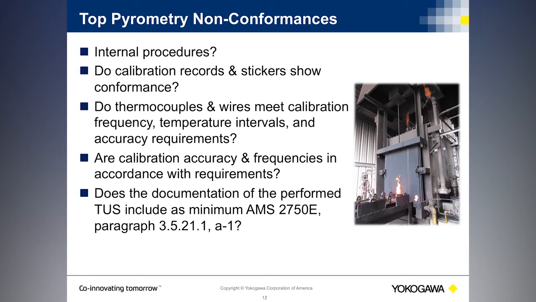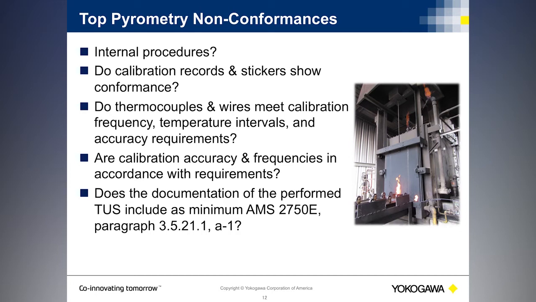Do instrument calibration records and stickers show conformance to the requirements of 2750 or stringent customer requirements? Do thermocouples and thermocouple wires meet the calibration frequency, temperature intervals, and accuracy requirements of 2750? Are the instrument calibration accuracy and frequencies in accordance with the requirements of 2750?